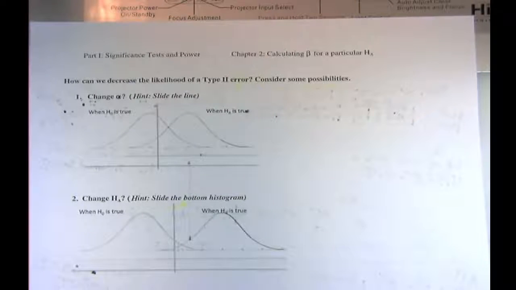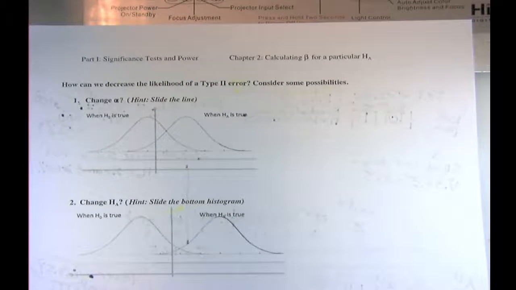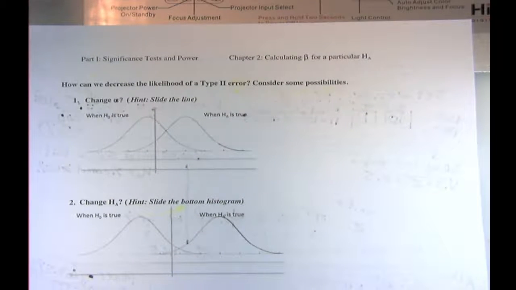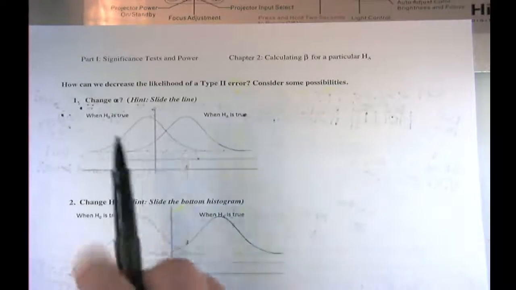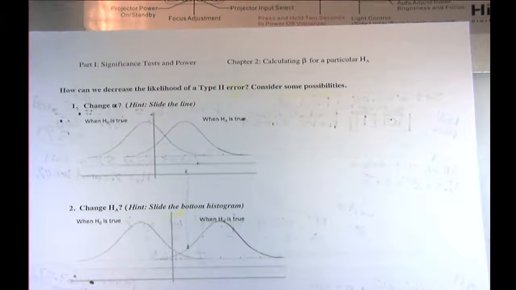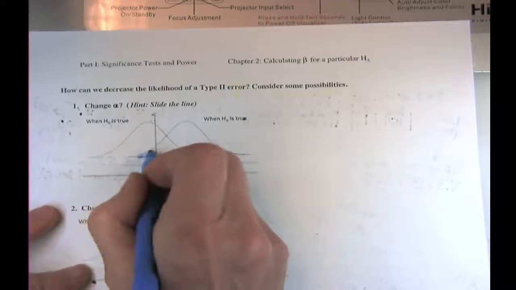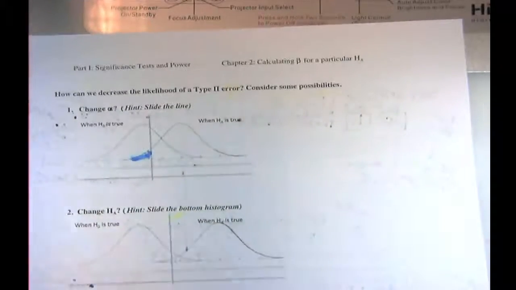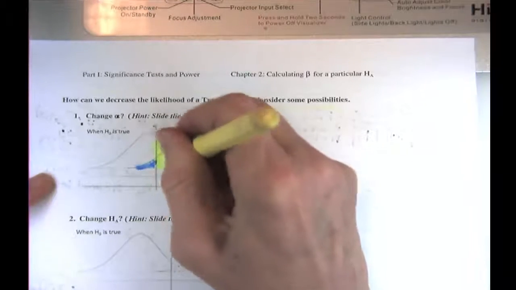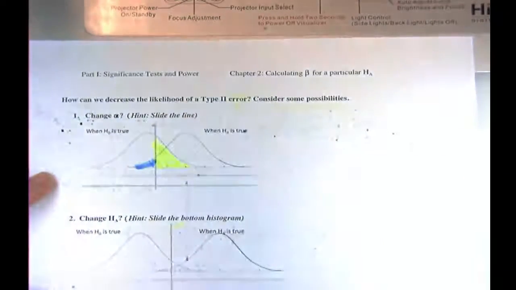Okay, so we're looking at the next page here, and here are the options we just discussed. If we change this slider back and forth, we have a trade-off between the type 1 and type 2 errors. We made our type 2 error smaller by moving the cutoff this way, but we increased our type 1 error right there.